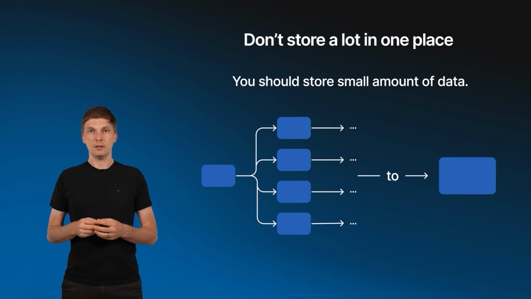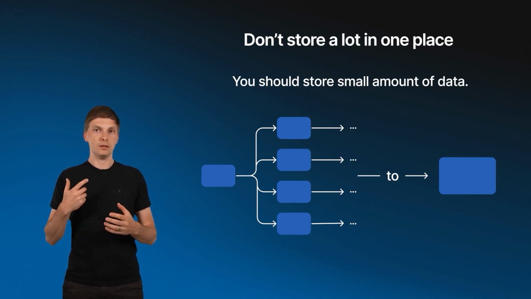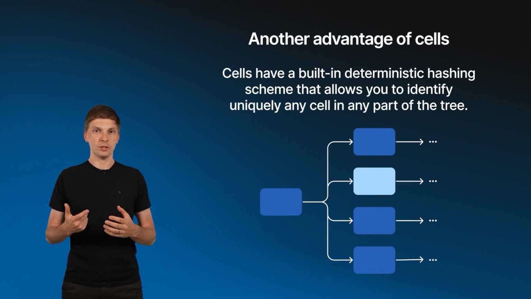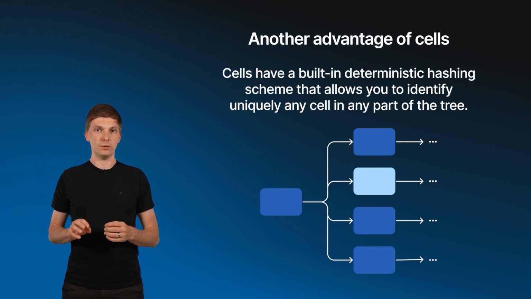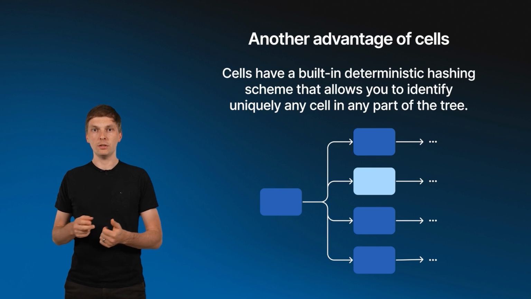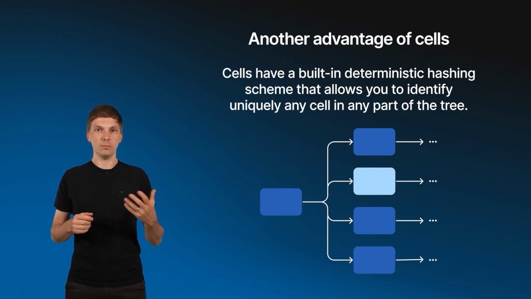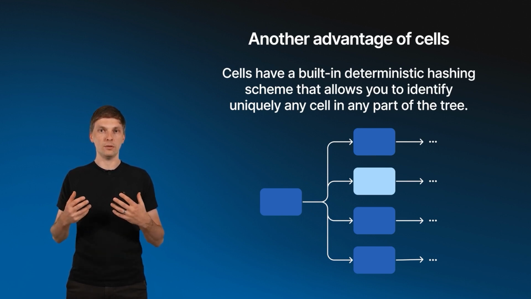Finally, cells have a built-in deterministic hashing scheme that allows you to identify uniquely any cell in any part of the tree, and this is used both for data deduplication and compression. For instance, when the contract runs out of money to pay for the rent, its current state is offloaded from the blockchain.